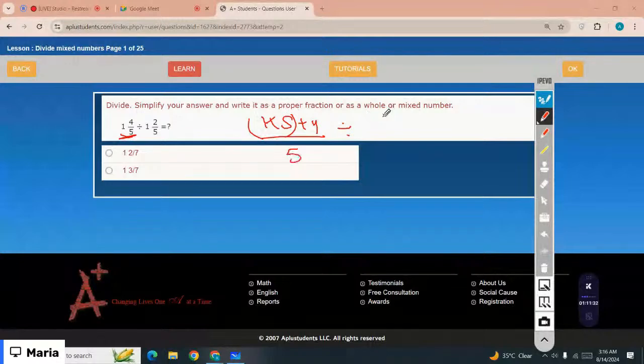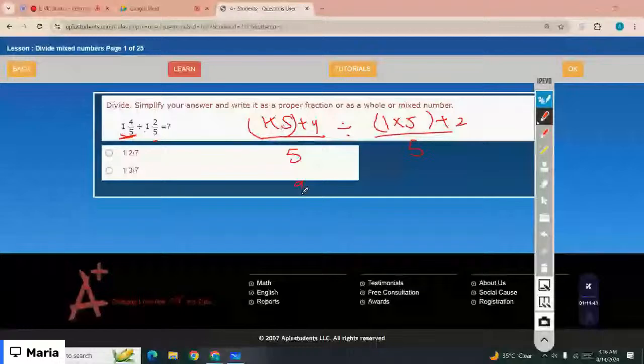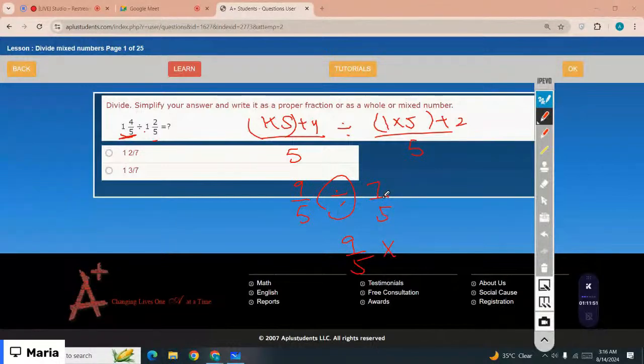So 5 plus 4 is 9 over 5, and 5 plus 2 is 7 over 5. Now replace the division sign with multiplication and take the reciprocal of the fraction after. So 5 and 5 cancel out, you are left with 9 over 7. Divide the numerator: 7 times 1 is 7, remainder 2. That is 1 whole 2 over 7. The correct option is 1 whole 2 over 7.